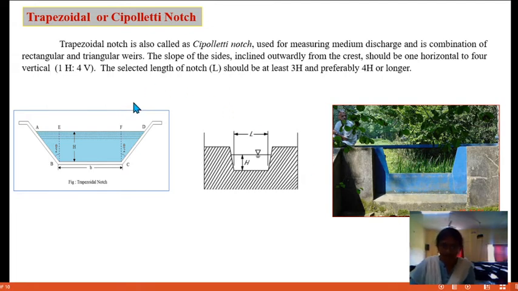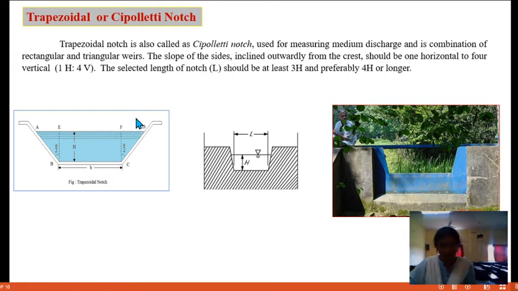Observe the shape: the central opening is a triangular notch, and on the sides of the triangular notch and rectangular notch there is some more opening. This is theta by 2 and this is theta by 2.